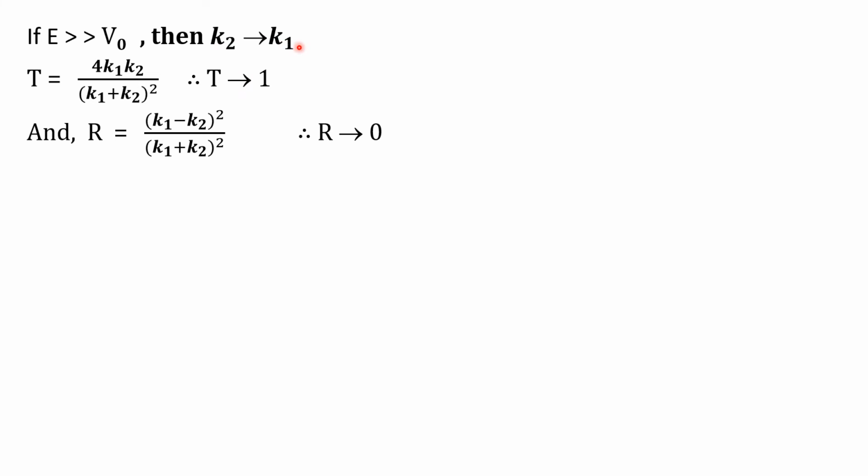If K2 tends towards K1, the numerator term K1 minus K2 becomes 0, and we get R tends towards 0.